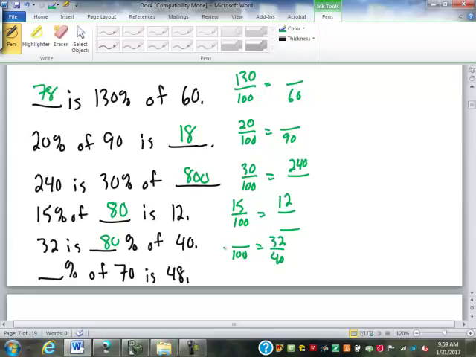What percent goes in there? Not everybody at once. 60, good job. So that's blank percent, so blank over 100 equals 48 over 70. You cross multiply and divide.